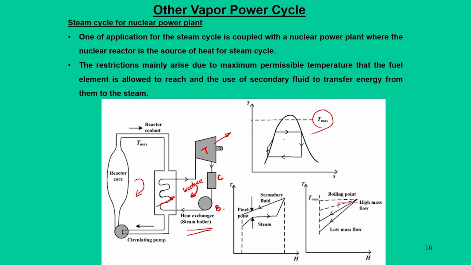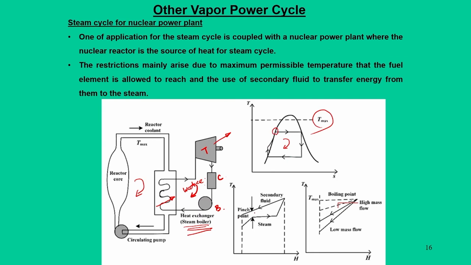Now, we operate the Rankine cycle in a similar manner, because this heat exchanger unit we call a steam boiler for this Rankine cycle using water. For the secondary fluid, if you look at the temperature enthalpy diagram, it rejects the heat, so its temperature falls and the heat is taken away by the steam. At one particular point we have to see what the curve looks like.